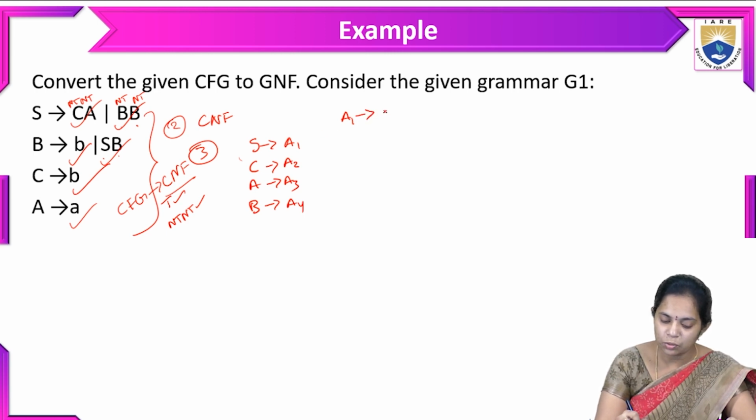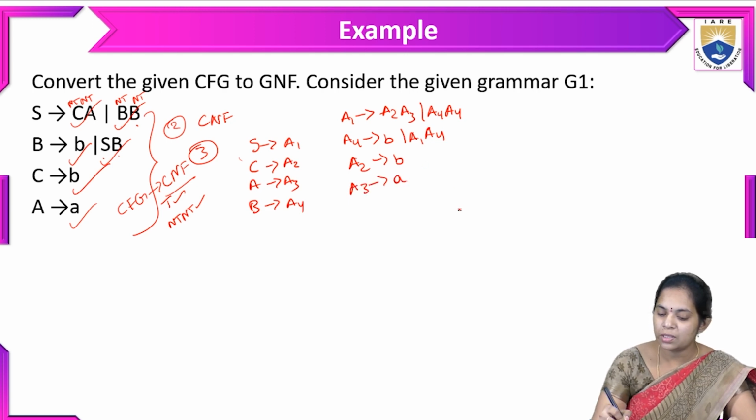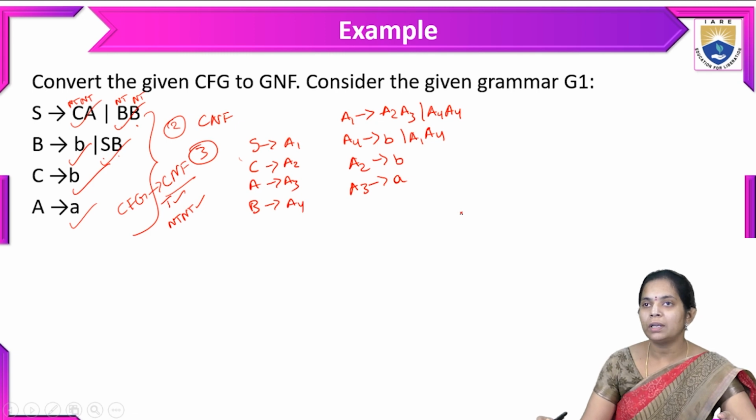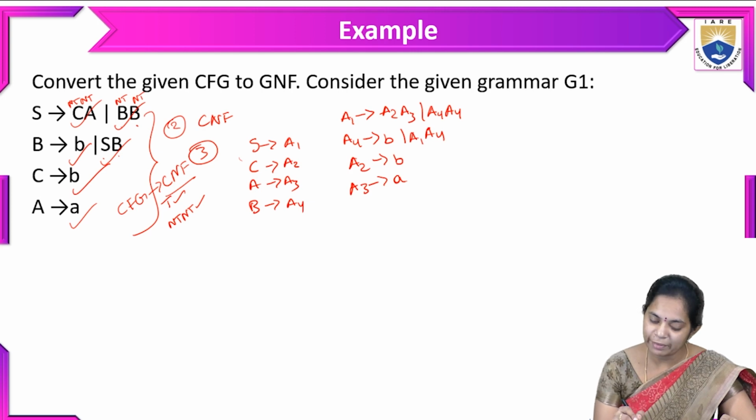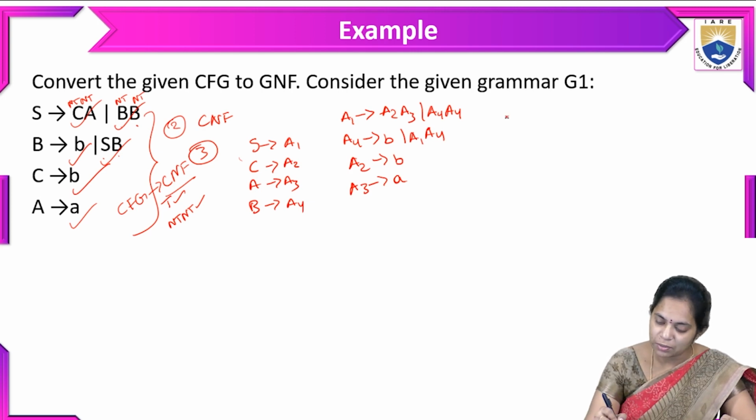So A1 tends to C, which is A2, A3 and A4, and the second production rule, A4 tends to B, and S is nothing but A1 and B is nothing but A4. Next, C is nothing but A2 and A2 tends to B, and A is nothing but A3 tends to A. So this is the third step, where we converted into new symbols. We took the new symbols in ascending order. We will check whether these conditions are satisfied or not.